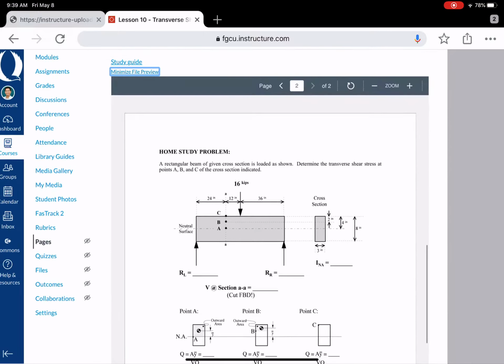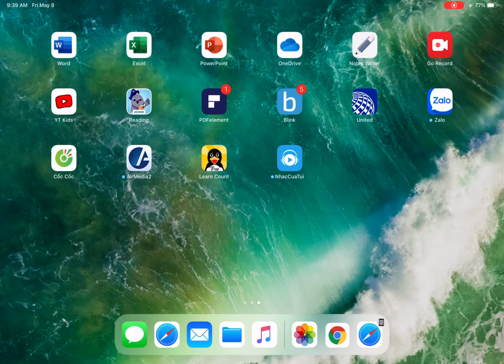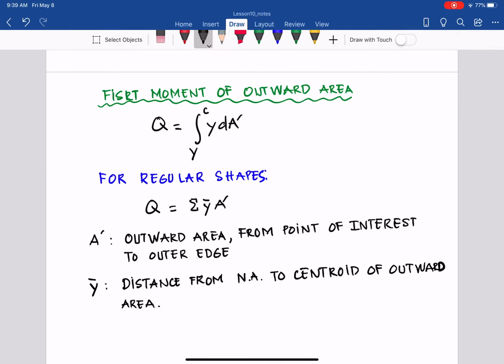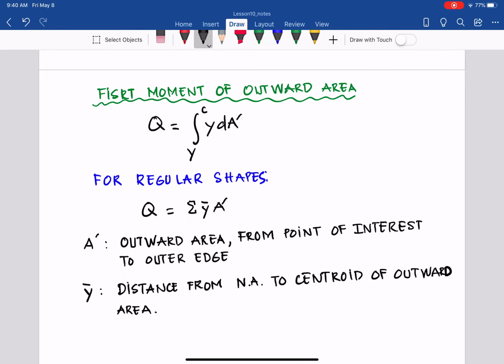For today's class, we will move on to apply this to the design of beams considering both moment and shear. So with that, we are done for this class, so go practice the problems for today.